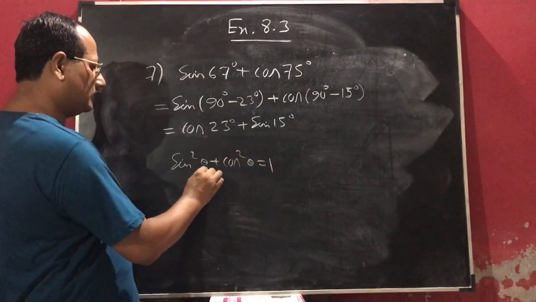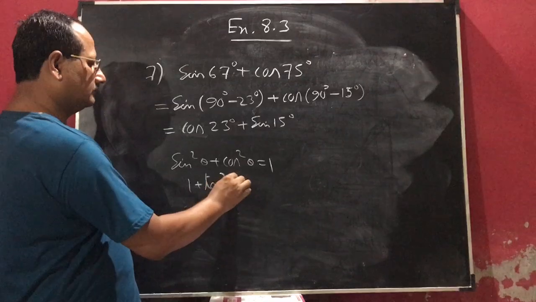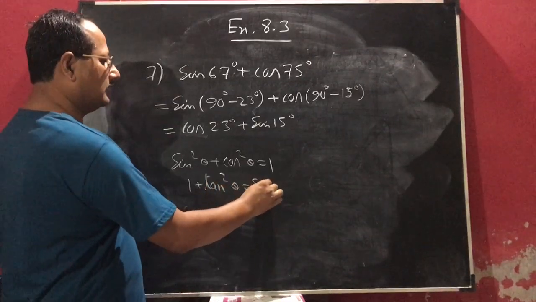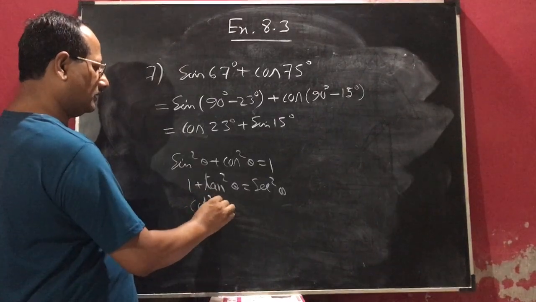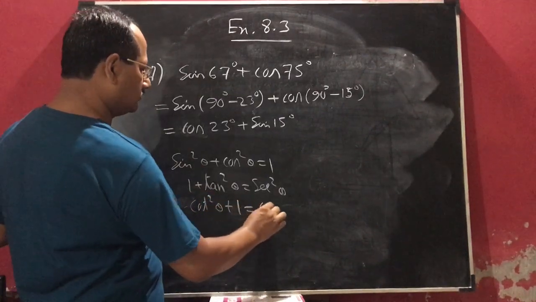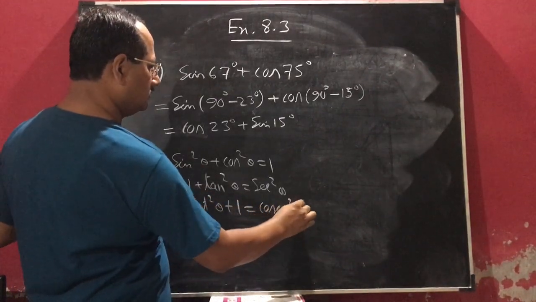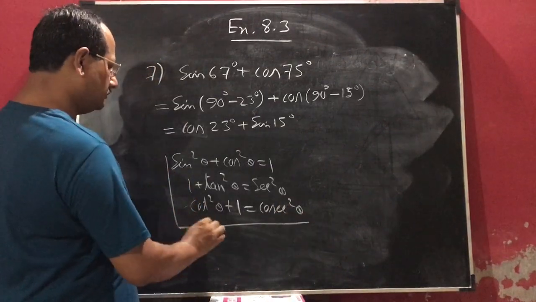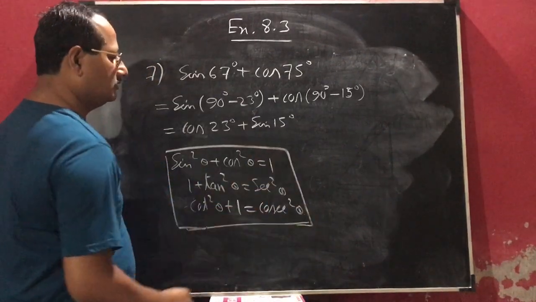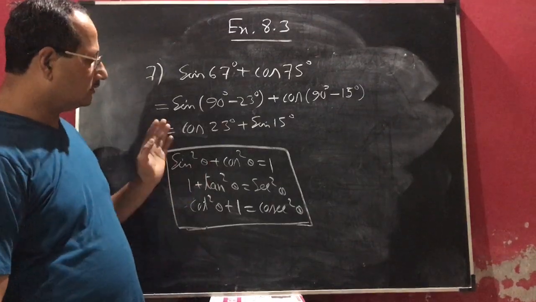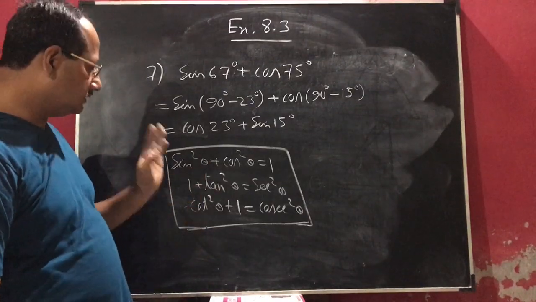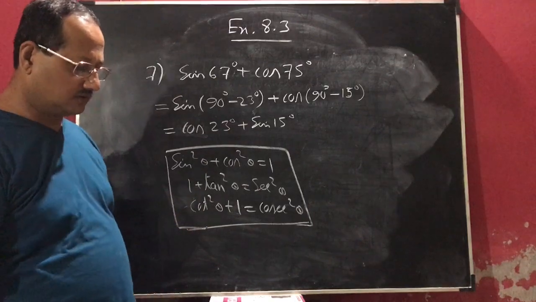One is 1 plus tan square theta equal to sec square theta. Another is cot square theta plus 1 equal to cosec square theta. These are three basic identities of trigonometry. There are lots of identities, but these are the 3 basic ones.